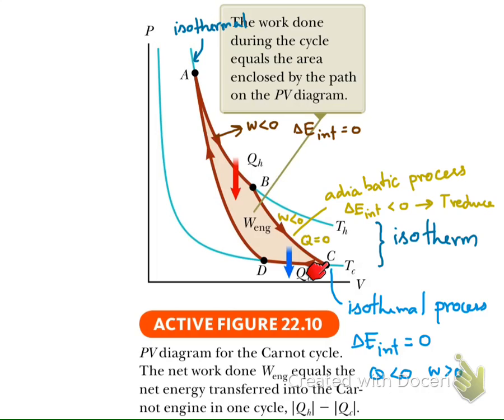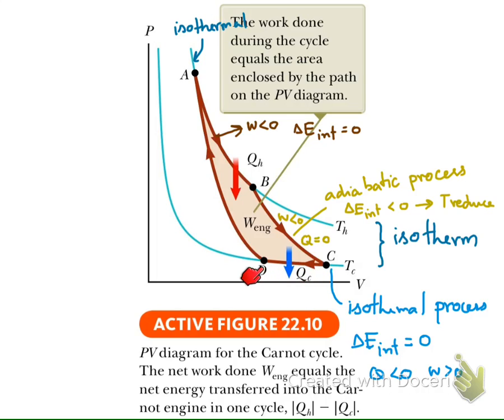It means that the system is compressed. The volume decreases because there is work done on the system during the isothermal part here.